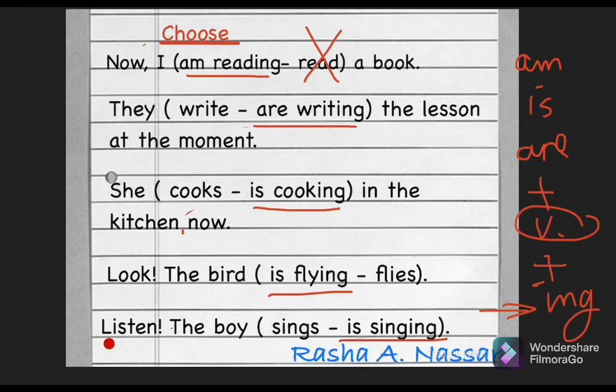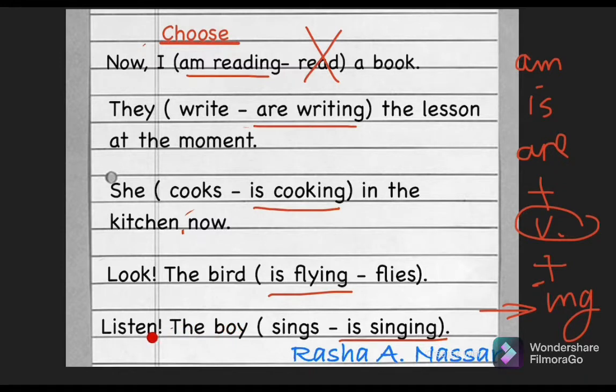The last one is "listen." The boy sings or is singing. Some students will say, "teacher, I will choose sings because here I have the boy, and the boy is he, and he takes S." Yes, but I have "listen." And when I have "listen," it means that I'm not talking about something which is happening many times or as a habit.